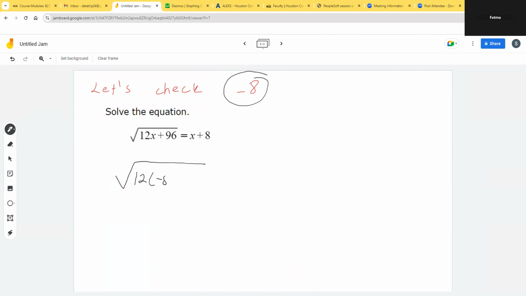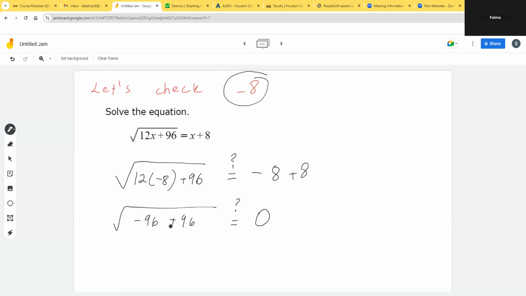And then this continues as plus 96. And we want to check if this is equal to x plus 8. So instead of x, what am I going to write? Negative 8 plus 8. So 12 times negative 8 is a negative 96. And I have a plus 96. And I want to check if they are equal to, what's negative 8 plus 8?